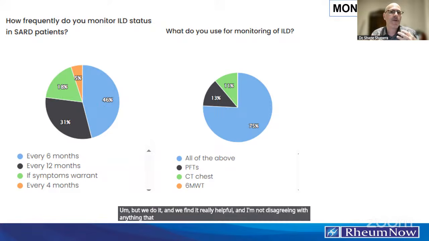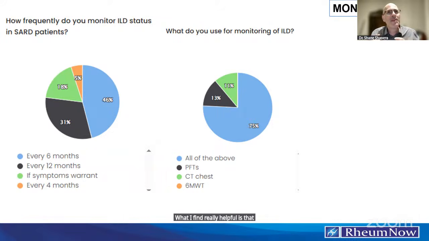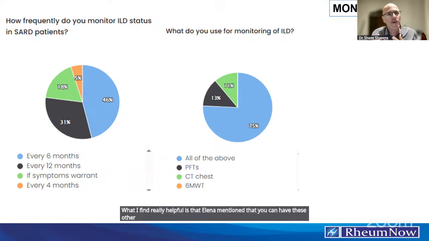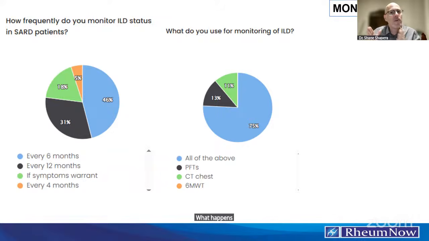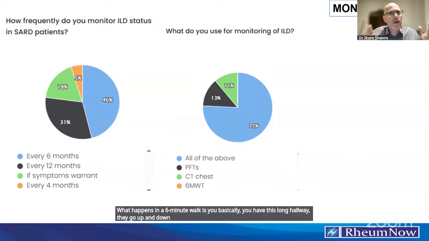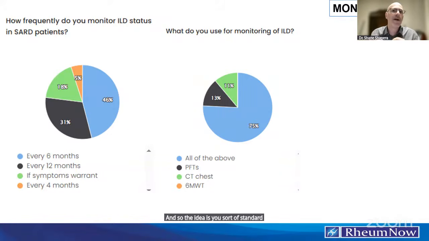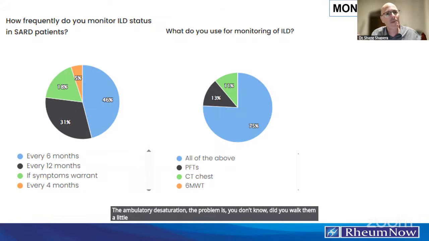But we do it and we find it really helpful, and I'm not disagreeing with anything that Bryant or Elena has said. What I find really helpful is that Elena mentioned you can have these other factors that affect your walk distance, and that's why the distance can be difficult to monitor. But in a 6-minute walk you have this long hallway, they go up and down in a very organized way, so you standardize a whole bunch of parts. With ambulatory desaturation, the problem is you don't know: did you walk them a little faster that time? A little slower?